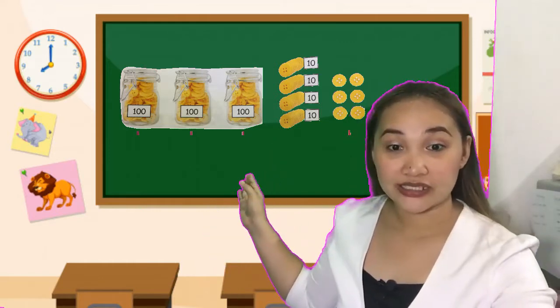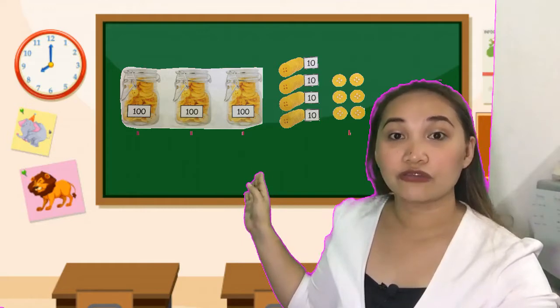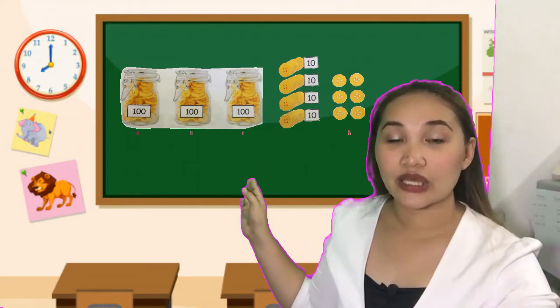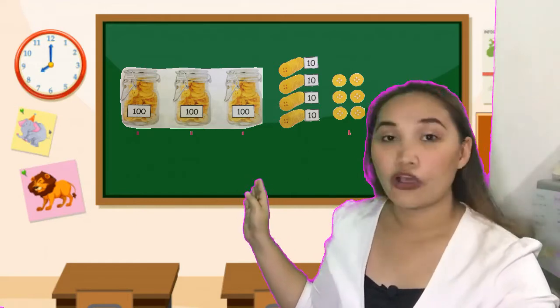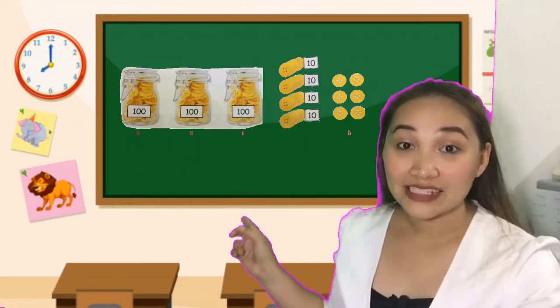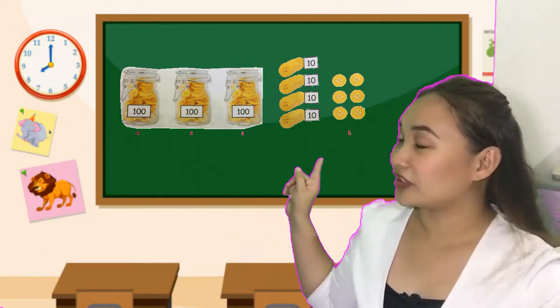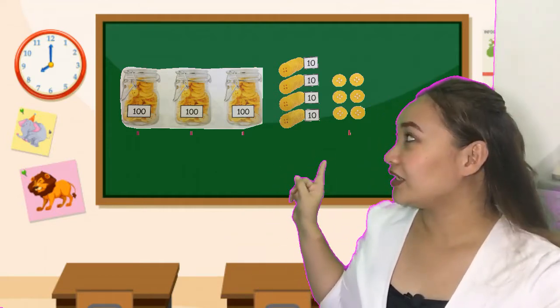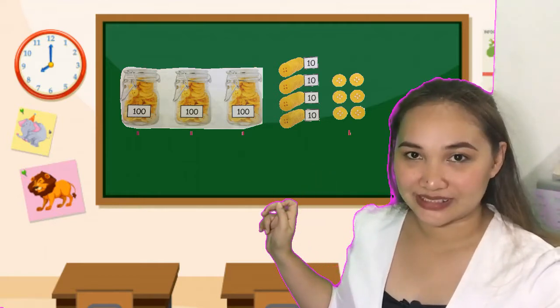In this part, we have 4 groups of 10 yellow buttons, so that's equal to 40. And the last one, can you count with me? 1, 2, 3, 4, 5, 6 buttons.